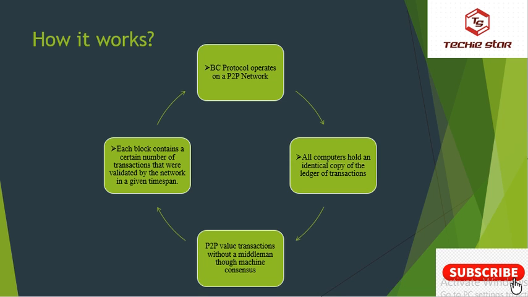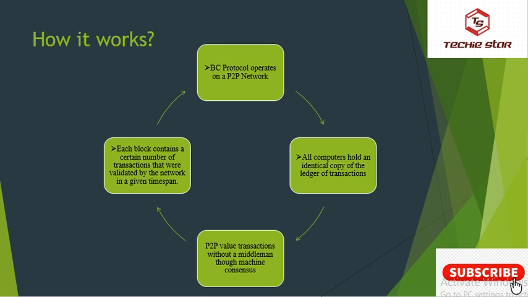As it is a P2P network, it doesn't require any middleman to bring the consensus. So they all deal with each other and use the consensus mechanism to agree upon the addition or the deletion of the blocks.